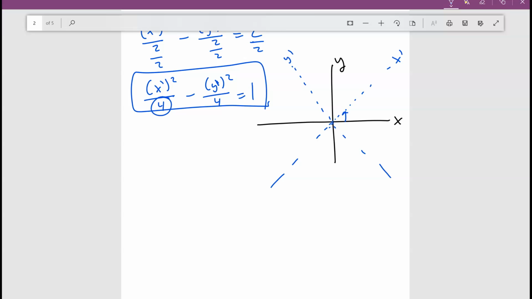In the x direction, I'm doing the square root of 4, which is 2. So I'm moving 2 units this way. And in the y direction, I'm also moving 2 units up and 2 units downward. Okay, and in this case we can just draw my box if I wanted to help me out, and with my asymptotes, and what you can see is that the hyperbola actually is going to start here.